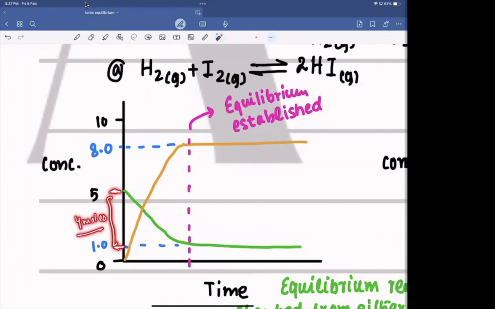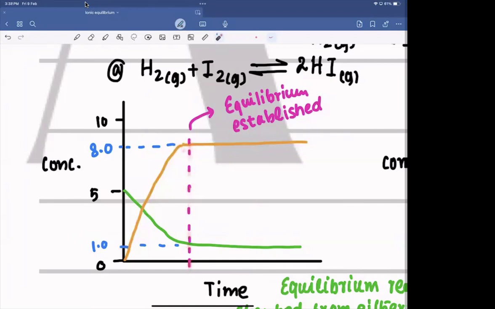Yes. So if 4 moles are used up, then 8 moles of hydrogen iodide will form, because the ratio is 1:2. When the 8 moles are formed, no more product is formed, and the curve becomes horizontal. See, both the curves become constant at the same point.